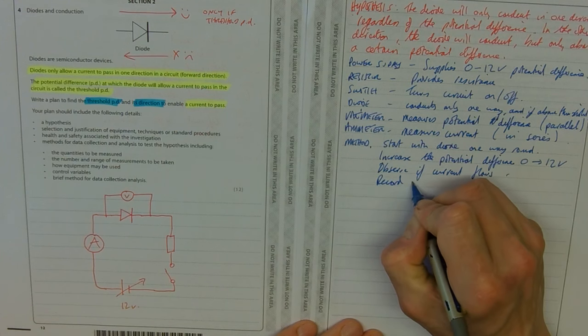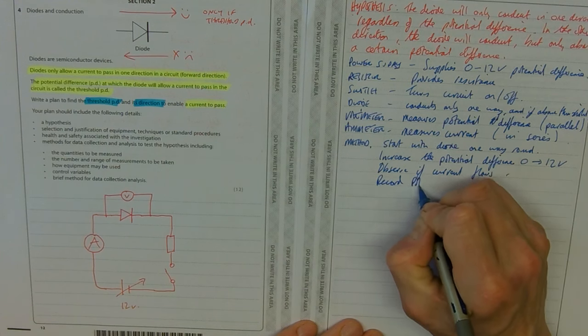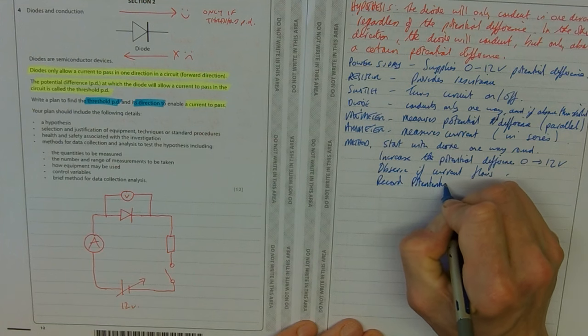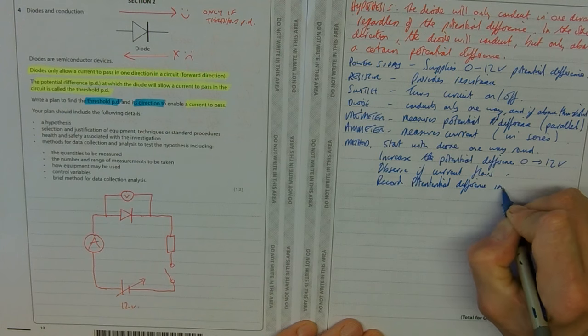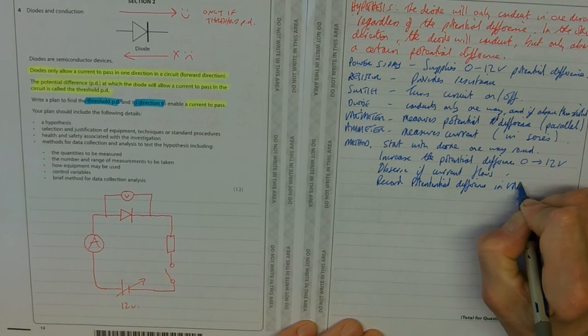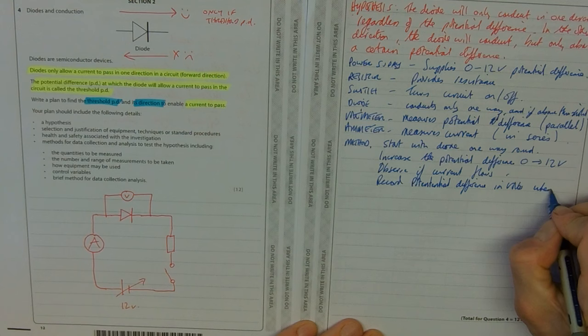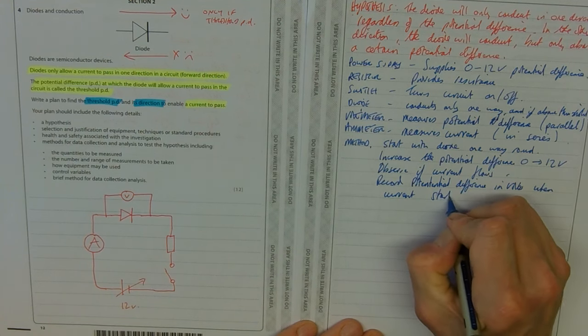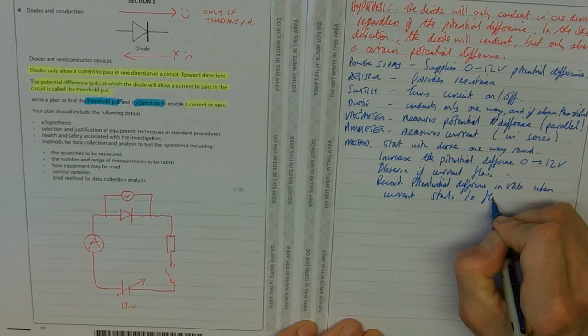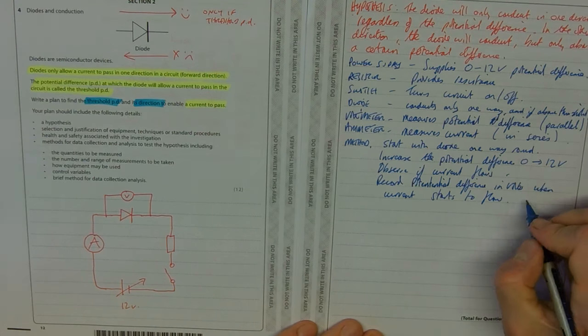So record the potential difference in volts when current starts to flow, if at all.